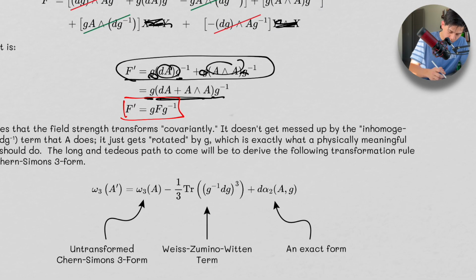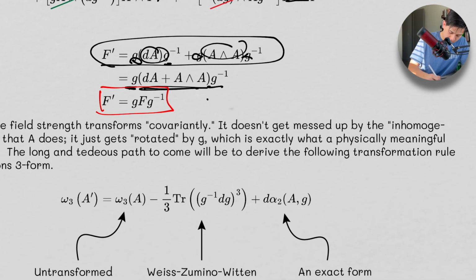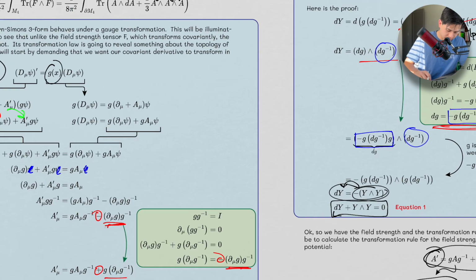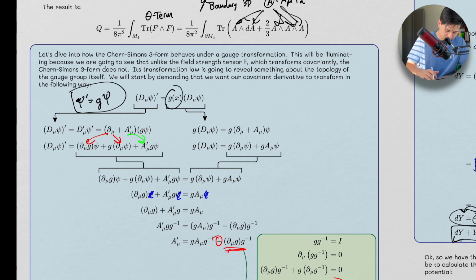And this was made possible by d mu on some arbitrary function. Let's just go back over here actually. This was all made possible by making this stipulation right here, that the covariant derivative multiplied by some arbitrary function is equal to the metric times the covariant derivative.